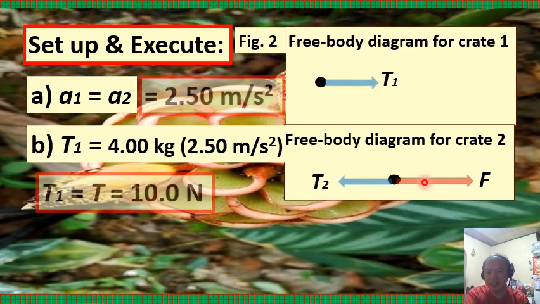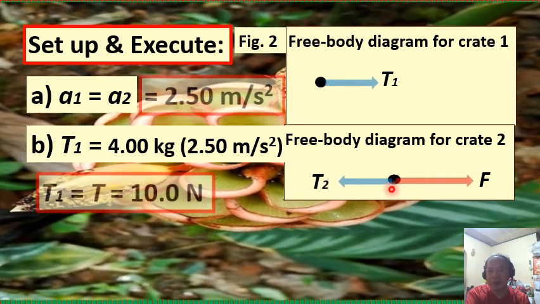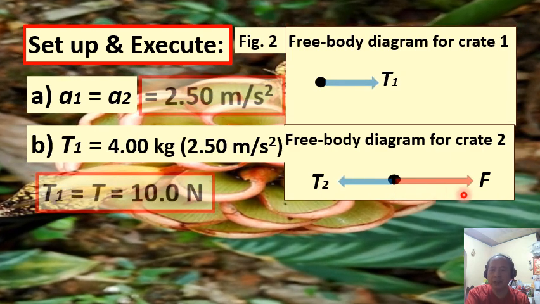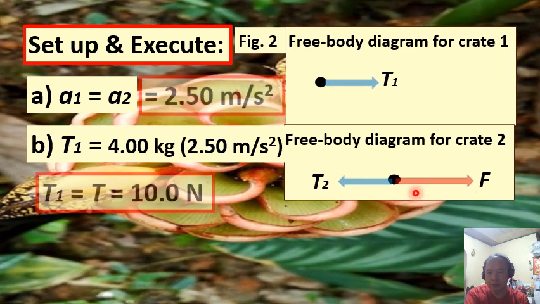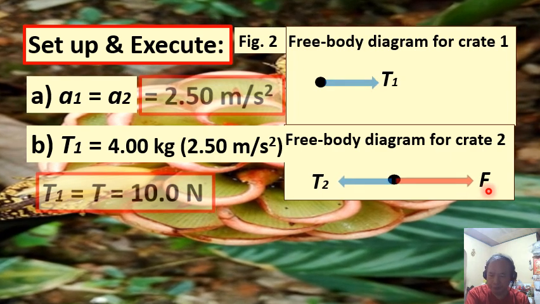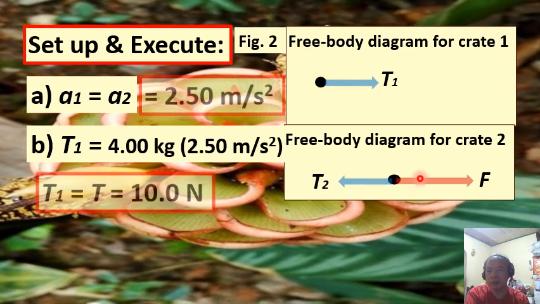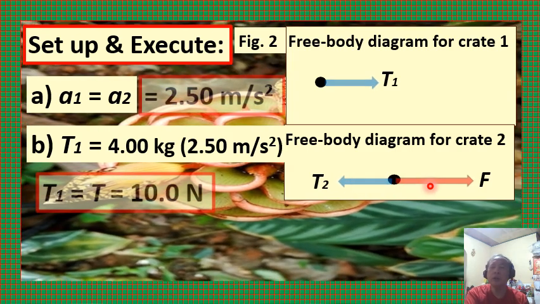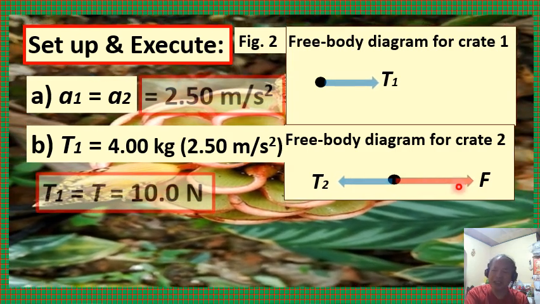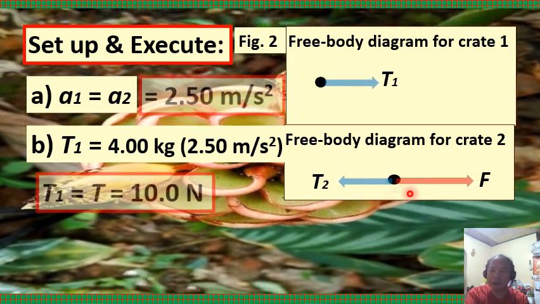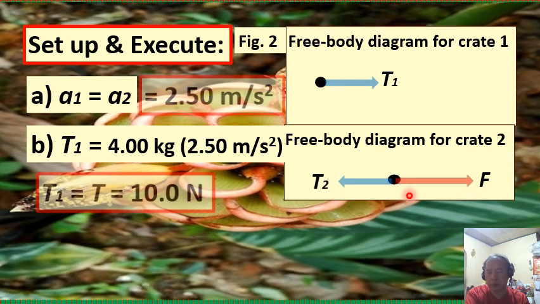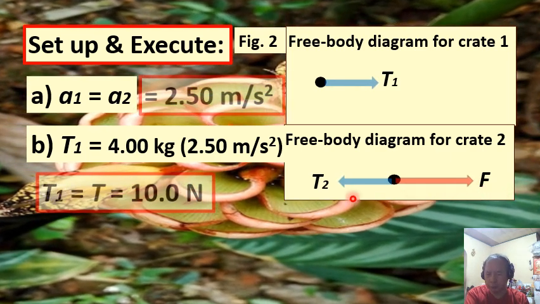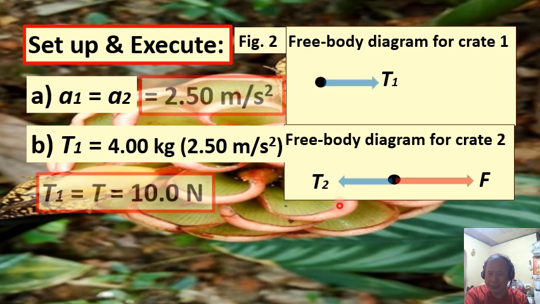This is to emphasize that the net force acting on crate 2 is directed to the right, whichever has the longer length. Assuming these arrows are drawn to correct scale, we can already infer that the force F must be greater in magnitude compared to T sub 2.